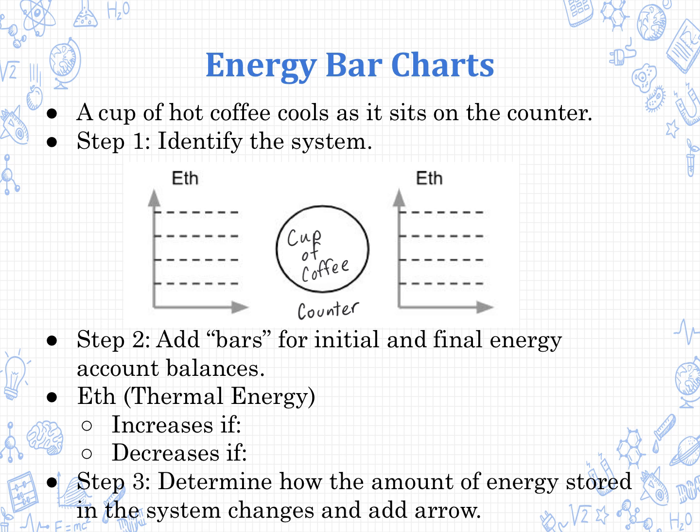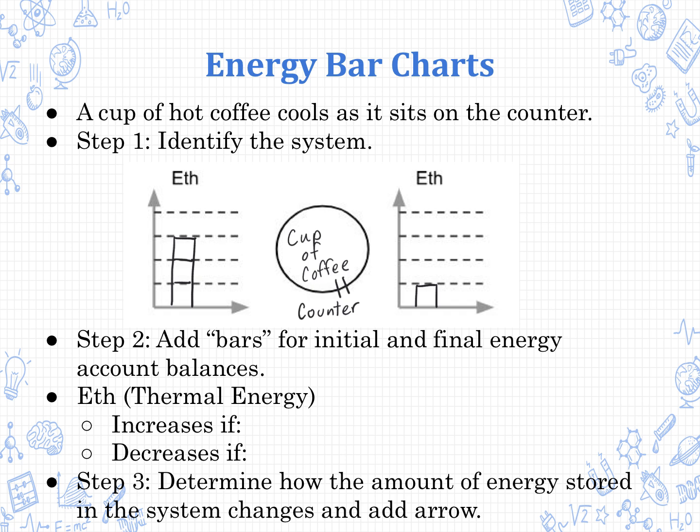Step 2 is we're going to add bars in our bar graph for the initial and final energy. It says the cup of hot coffee cools. So initially, we're going to have more thermal energy in the system. And after the cup of hot coffee cools, there will be less thermal energy inside the cup of coffee. So we added bars for the initial and final energy account balances.